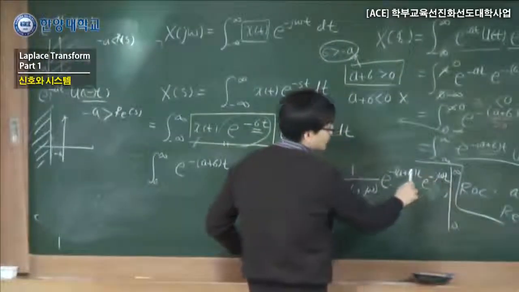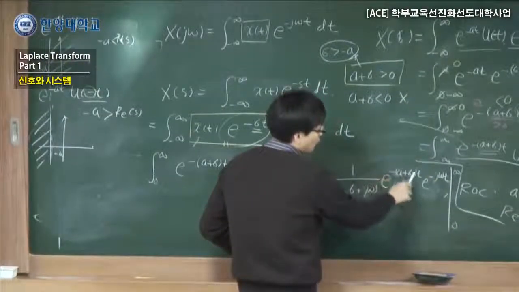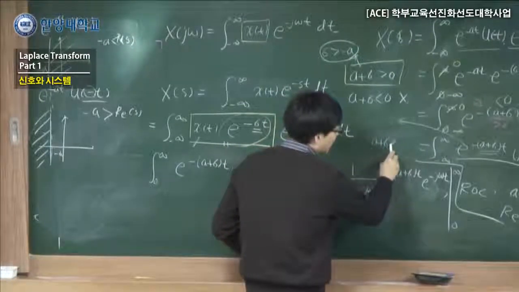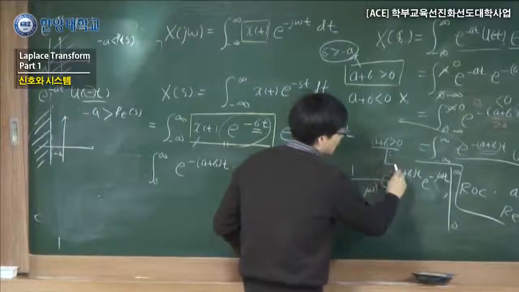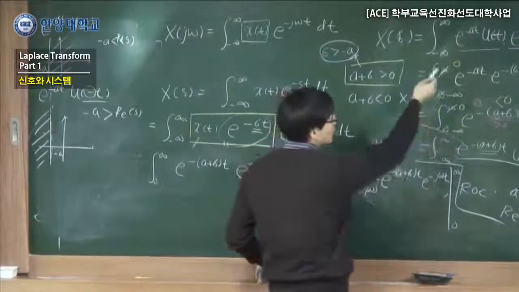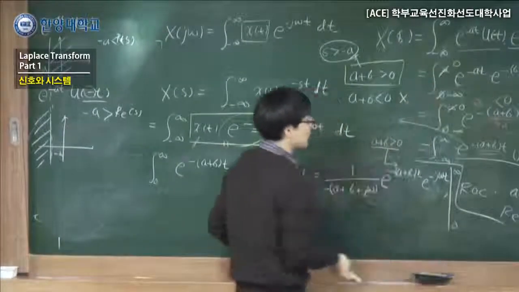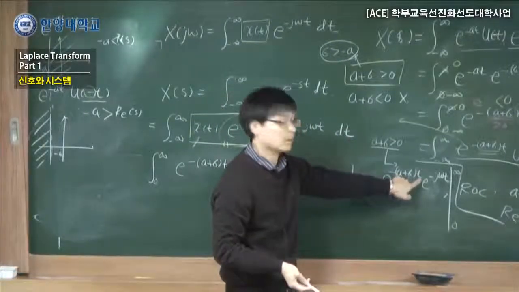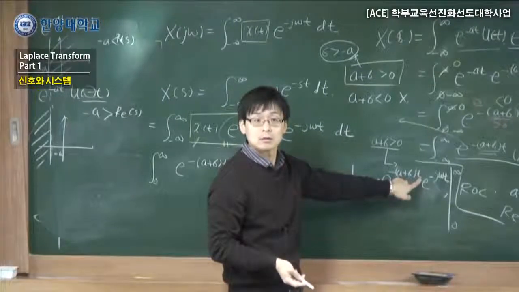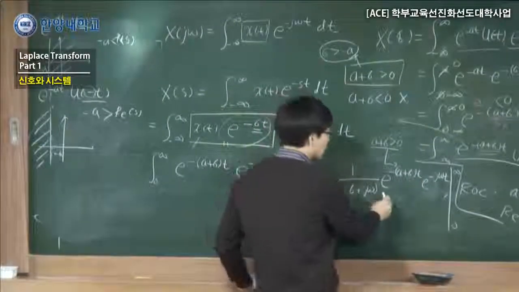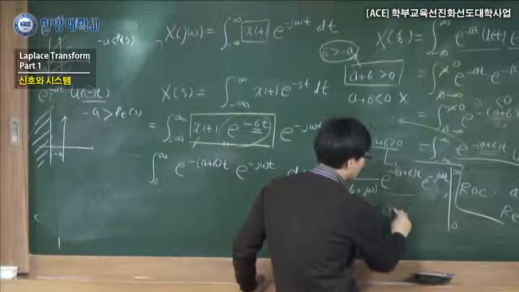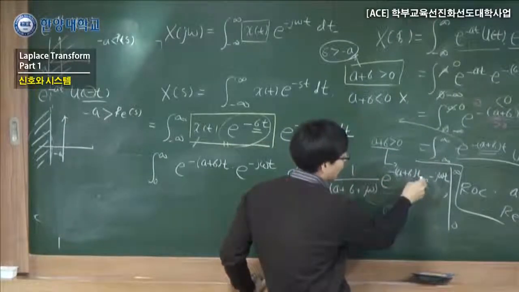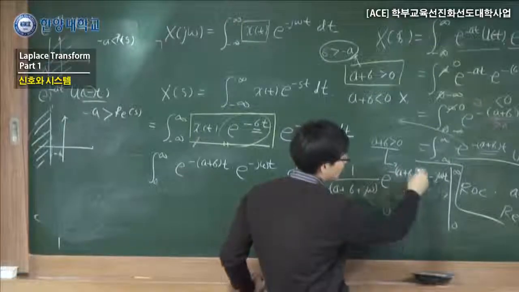If you put infinity, because of the region of convergence, we assume that a plus delta is positive in the white case, which is the e to the minus at u(t) case. Then minus infinity becomes 0. So this becomes 0 minus, when you put 0, there will be 1, e to the 0.